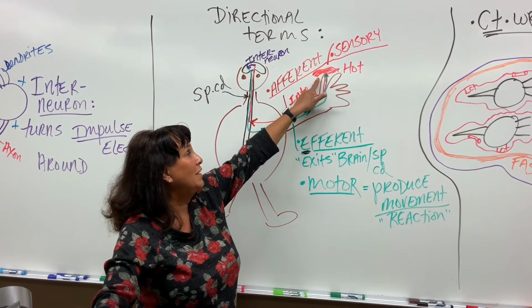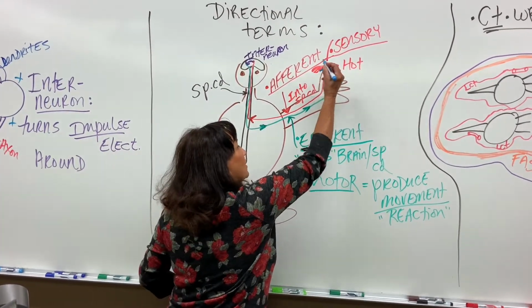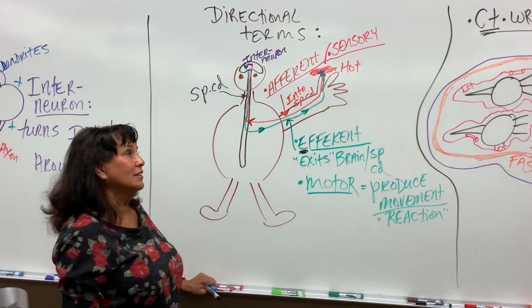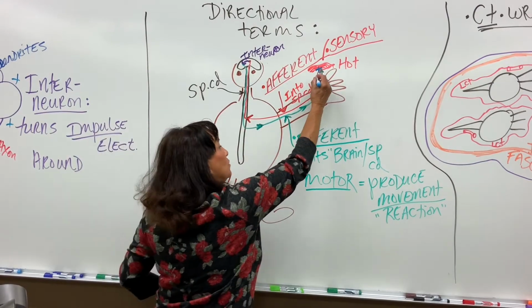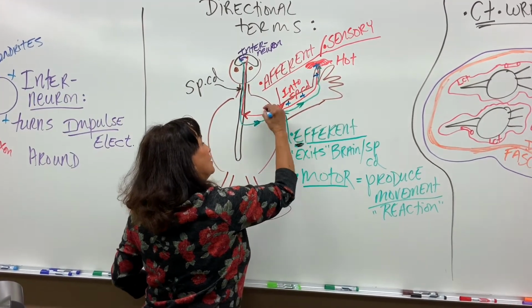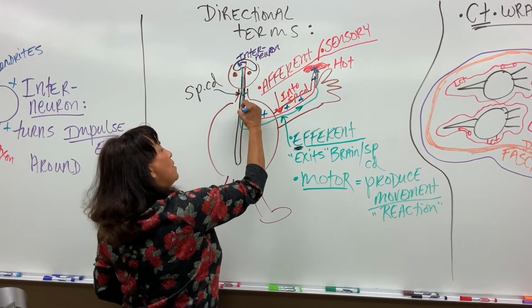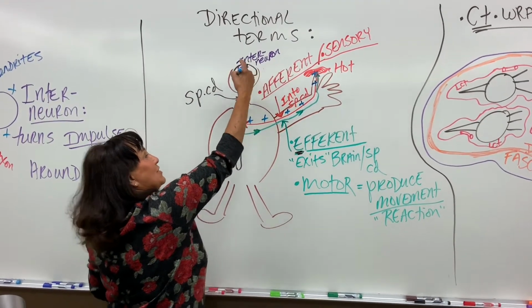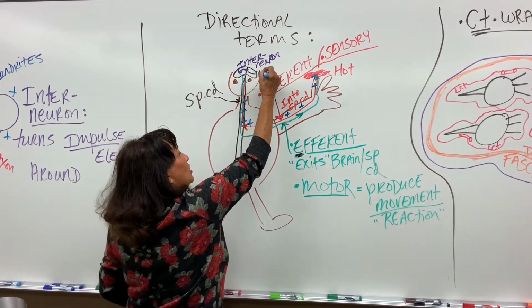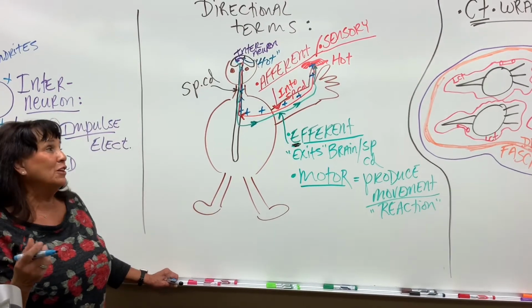That's going to create electricity. It's going to make the salts move in and out and move the electricity. So the electricity is going to come in to the spinal cord, go up the spinal cord to the brain, and it's going to say, my gosh, you just touched something very hot. Take your finger off of it.